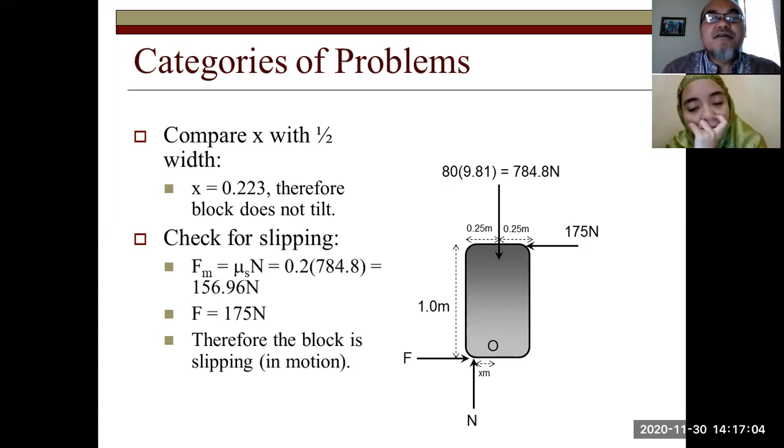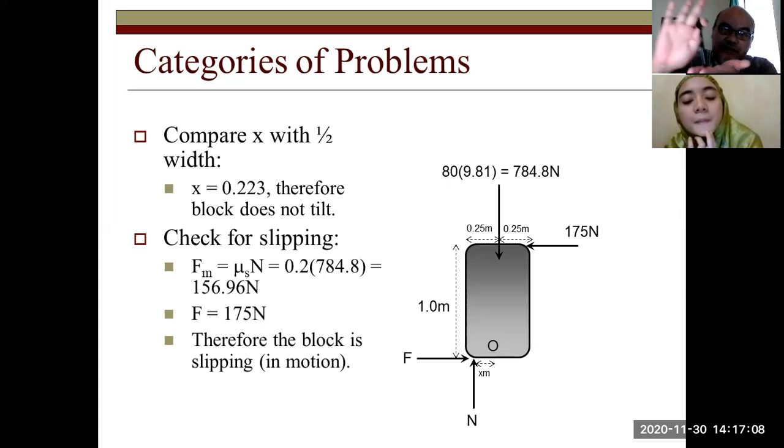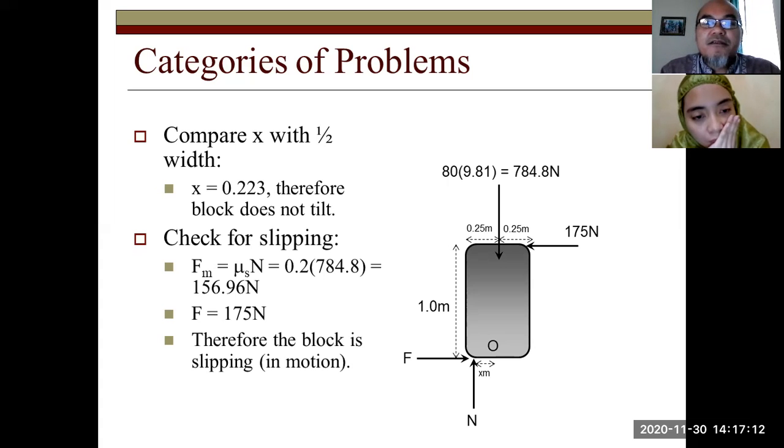Now let's check whether it starts to slip, whether it starts to move along the surface of the floor. The friction force is 175 Newton, but the maximum friction force is Fm equals mu s times N, 0.2 times the normal force 784.8, which gives 156.96 Newton.